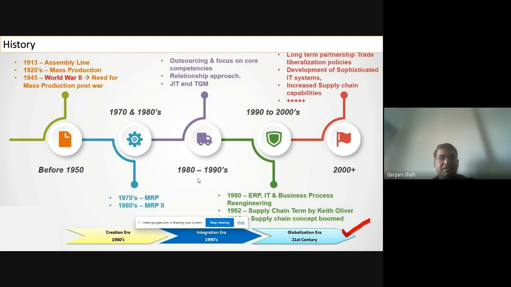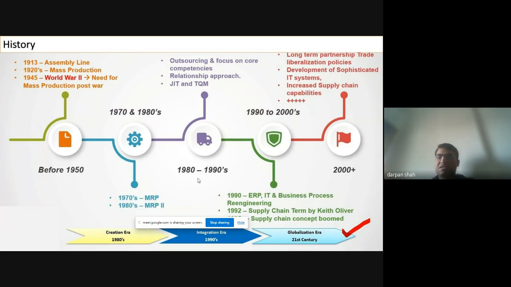After that, in the 1970s and 1980s, the concept of MRP, material resource planning, came into the picture. And from the 1990s, mainly Toyota, as we all know the Toyota way of working or Toyota Production System, started bringing in the new concepts of just in time and TQM.